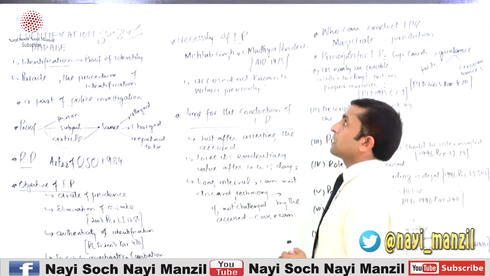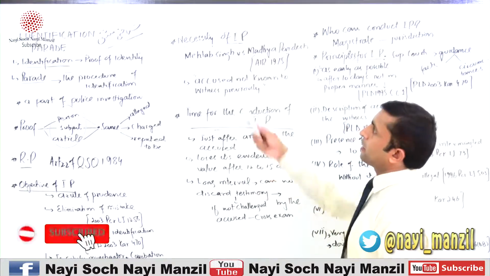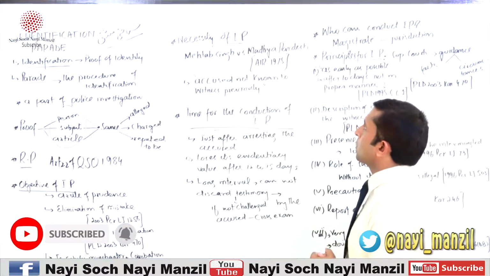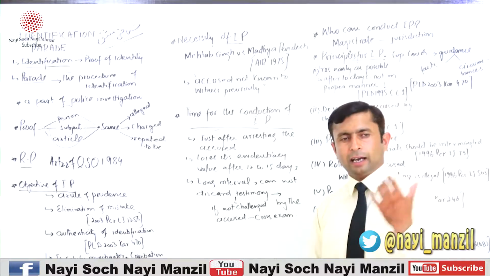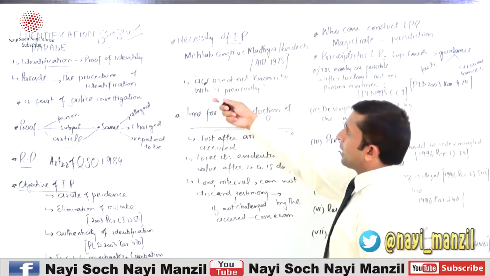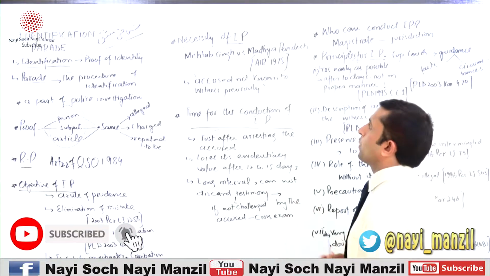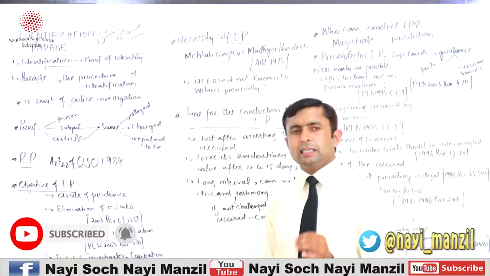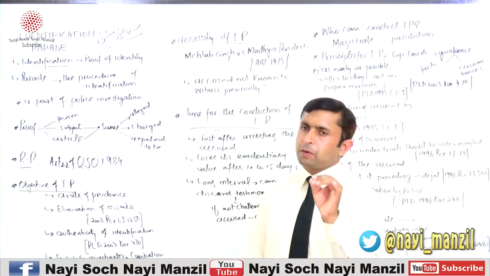If we talk about the necessity of identification parade, there is a case law, Mehtab Singh versus Madhya Pradesh from India. It is detailed there: the accused should not be known to the witness previously.